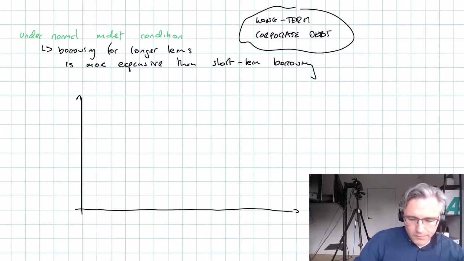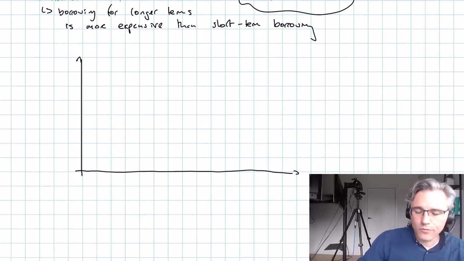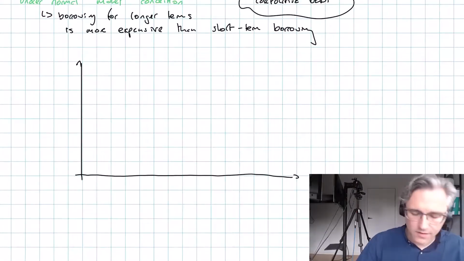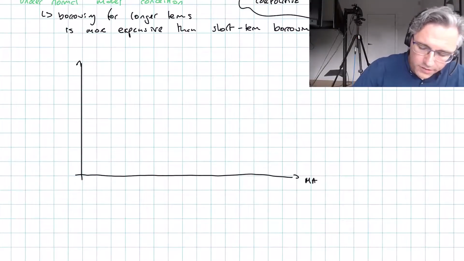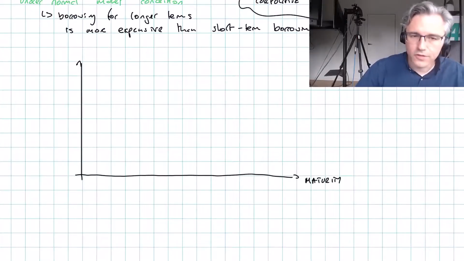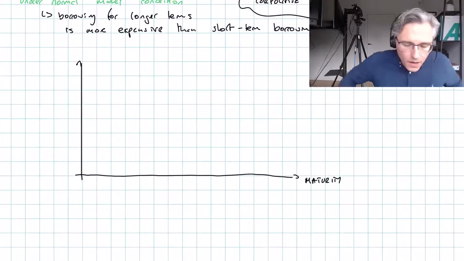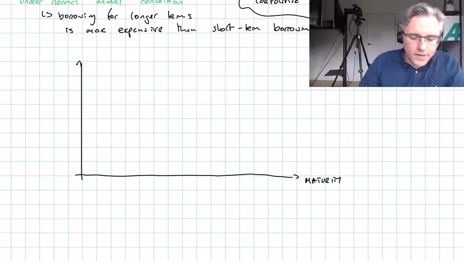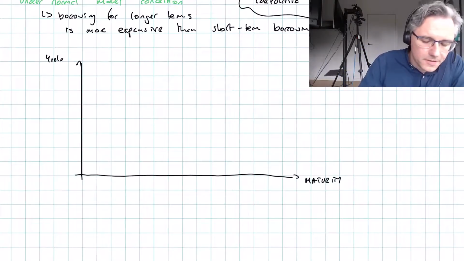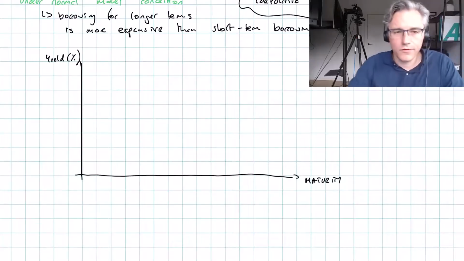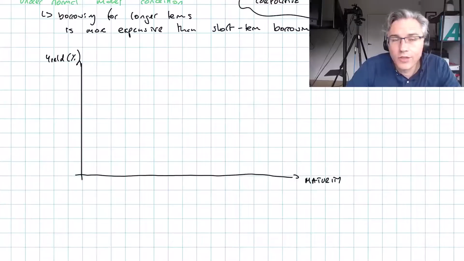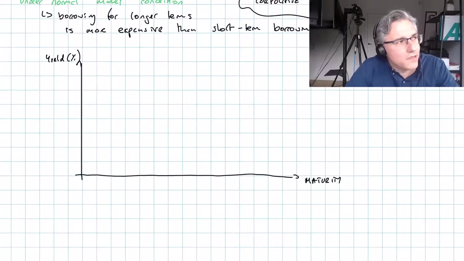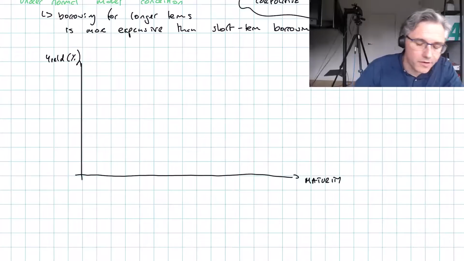Well, first of all, the way we're going to discuss long-term corporate debt and the costs associated with it is we're going to have a chart where on the horizontal axis we're going to have the maturity or the term for which the loan or the borrowing is taken. And on the vertical axis, we're going to have the yield earned by the provider of that funding, which is also the cost from the point of view of the funding taker, the borrower.